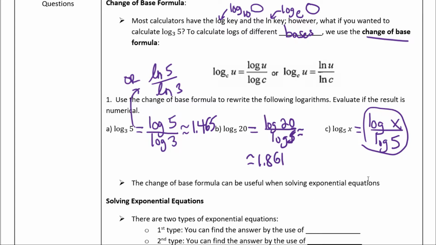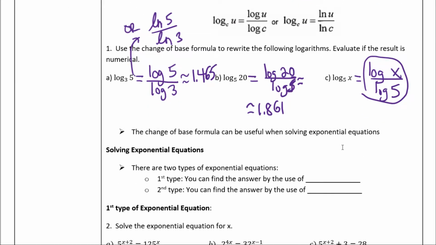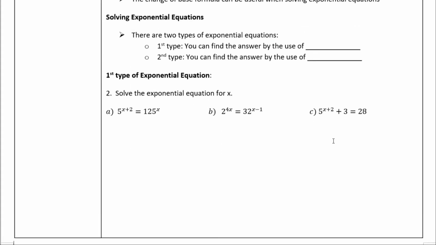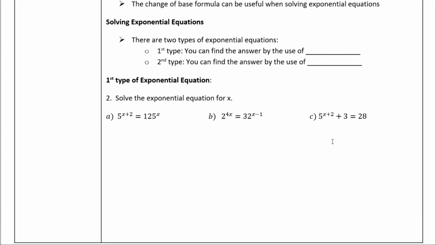All right, so this change of base formula you can imagine is really useful if you need to calculate logs of different bases, which occurs more often than not. So let's look at solving exponential equations. With solving exponential equations, there are a couple of different types, essentially.